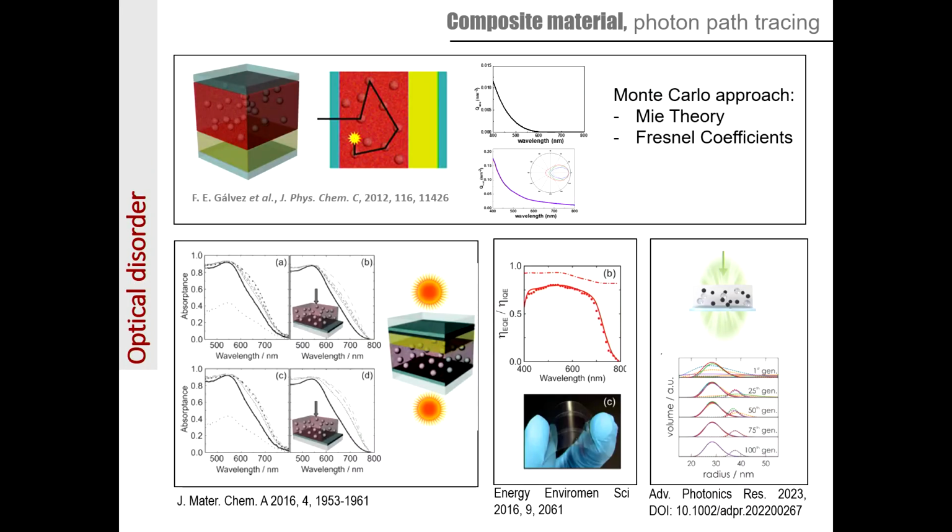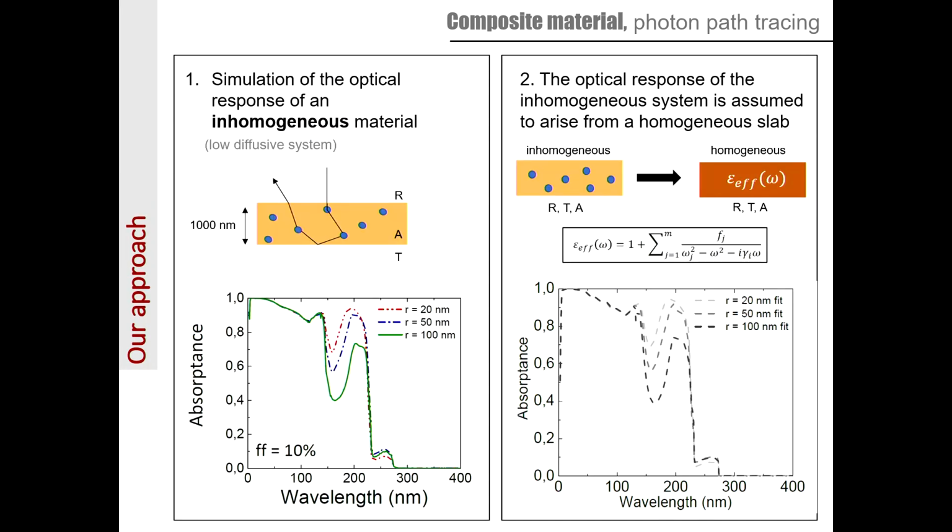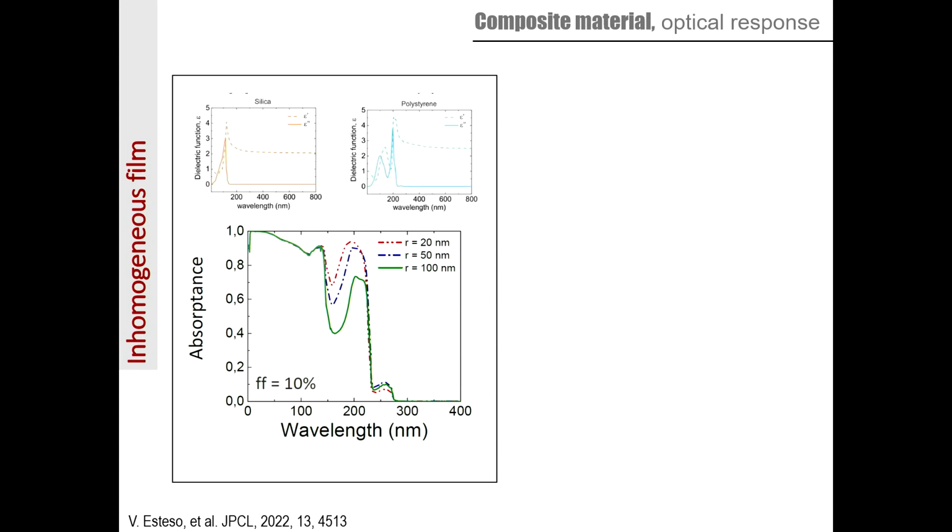So what we did was to implement a different approach, a Monte Carlo approach combining Mie theory and Fresnel coefficients, so that we actually consider scattering Mie theory and the resonances that occur because of the inclusions. We have used this in many works before. And just to be very fast, because I see Jean-Jacques coming here.